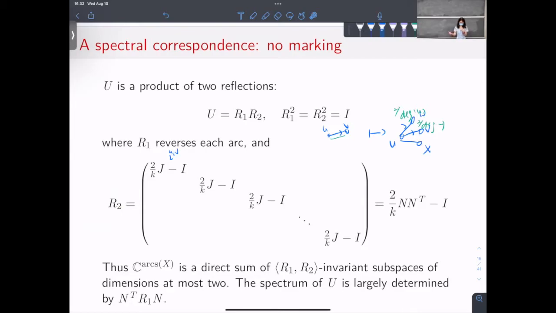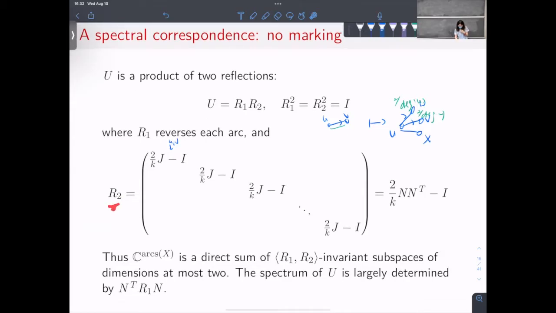Now, this matrix is a reflection, and every reflection is equal to twice the projection minus the identity. For example, this guy is a reflection about the all-ones vector because J is a projection onto that. So I can write the whole matrix as 2 times some projection minus the identity.